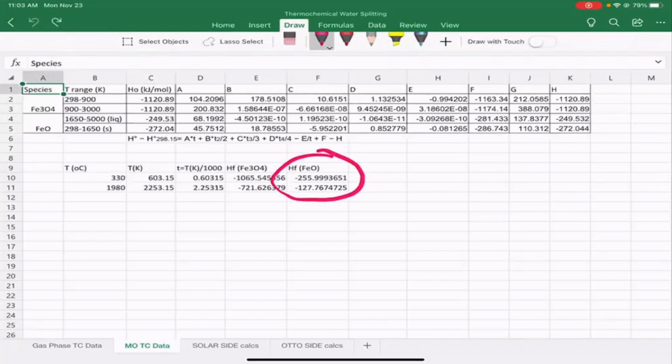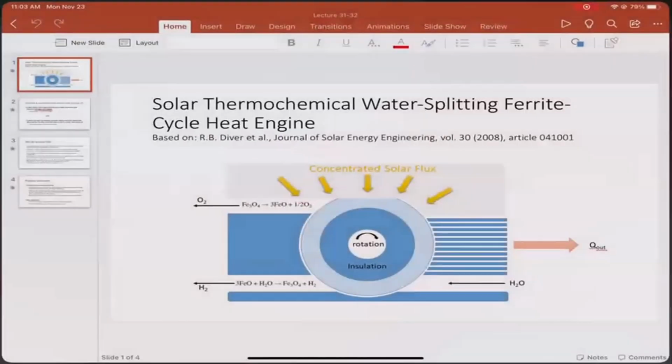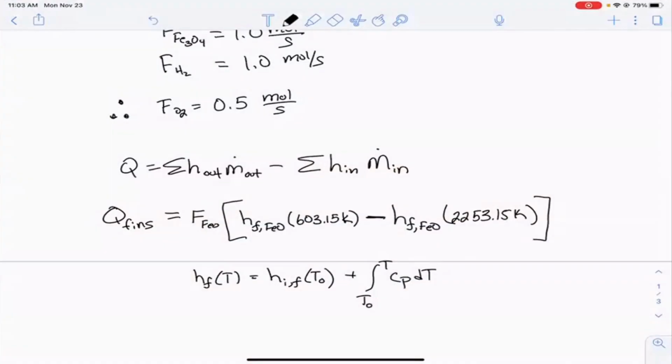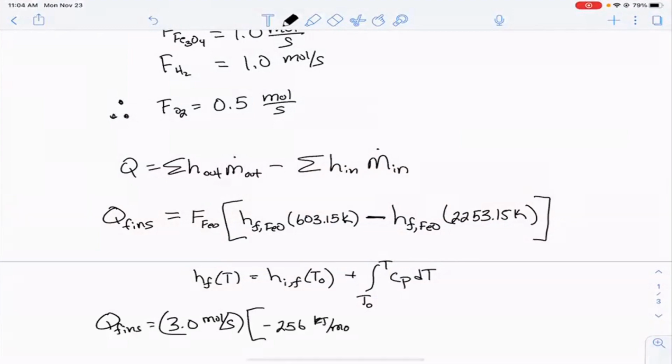If we take those two values and simply subtract them, we find that Q fins equals the molar flow rate of FeO, so that's 3.0 moles per second, times the heat of formation at 603, which was minus 256 kilojoules per mole, minus a negative 127.8 kilojoules per mole.